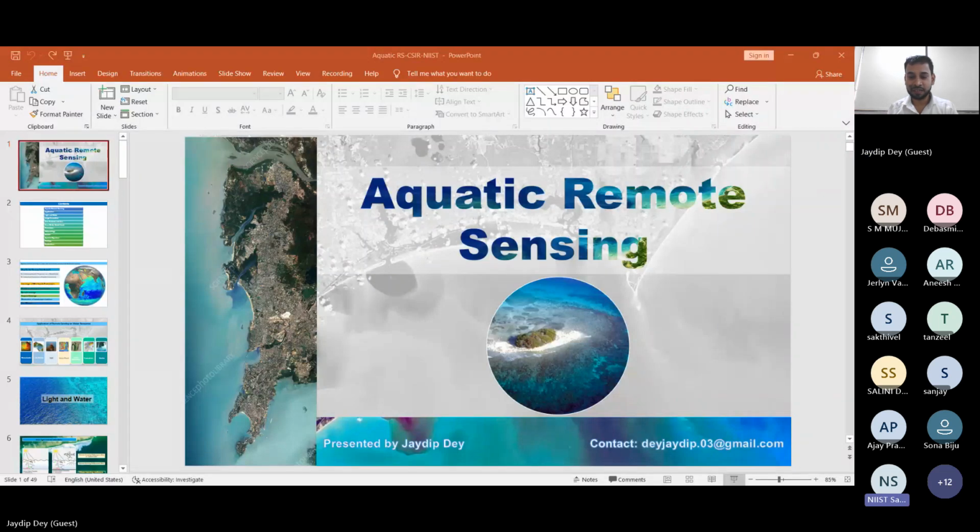Please, Jaideep, sir, only one thing: it is not in slide mode. So can you put it in slideshow mode? I have done it. I think it is taking a little time, sir. Okay, no issue. By now we are only seeing the first slide without slide mode. No, now also it is not in slide mode. I will give you a suggestion. Maybe you can unshare and share again, because many times it gets stuck in the first-time sharing.